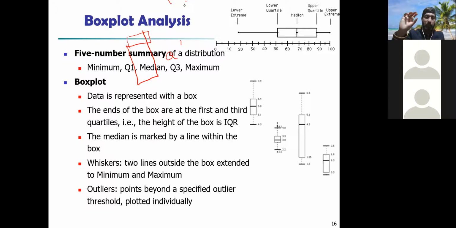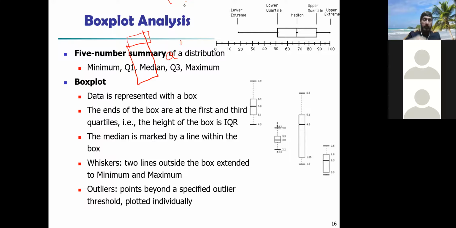Meaning that within those 10 values you have 25% of the data, as well as within 10 to 30 you have 25% of the data. So when there is 25% of the data between 10 and 30, and also 25% between 30 and 40, it means that data is more dense between 30 and 40, closer together, because the values lie between 30 and 40, while in the other region between 10 and 30 there is a bit more spread. So you get an idea of the spread in each region of the data set.